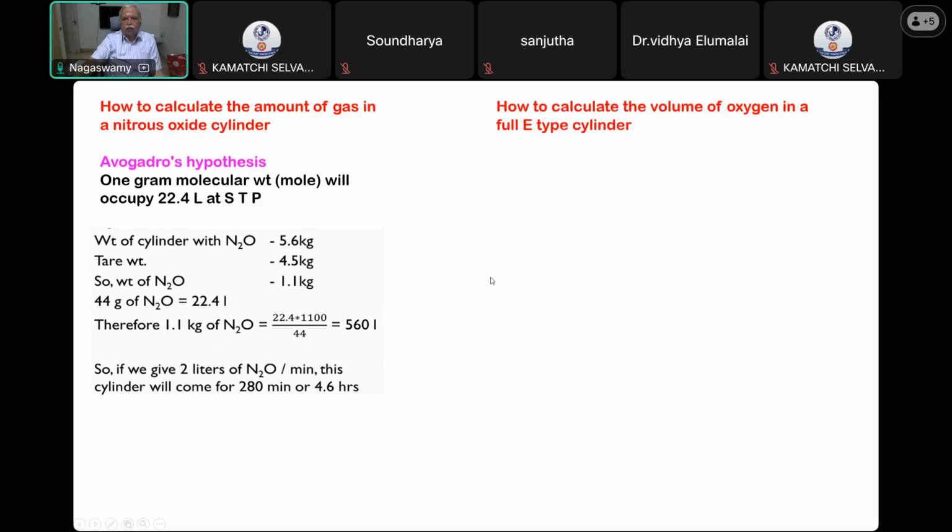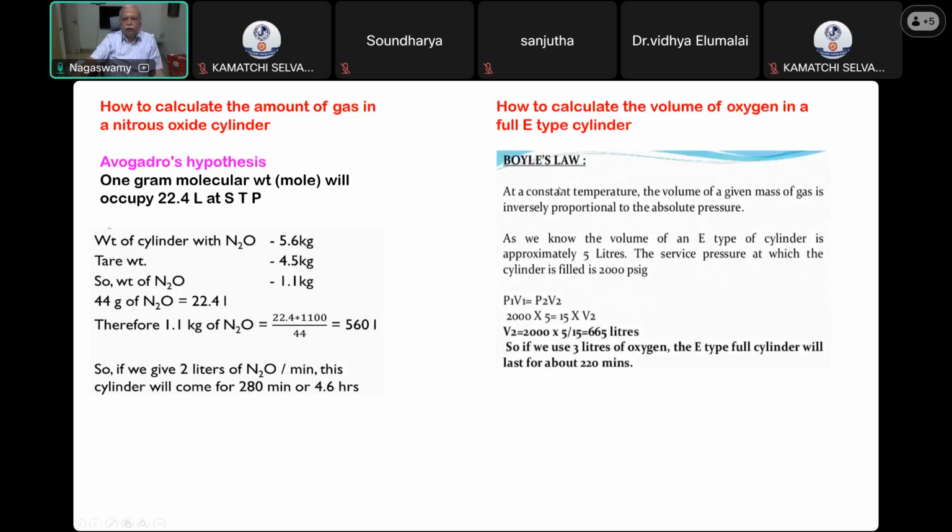And how to calculate the volume of a full B-type oxygen cylinder? Boyle's law is used. So for nitrous oxide, Avogadro's hypothesis is used; for oxygen, Boyle's law. Boyle's law says P1 into V1 is equal to P2 into V2.